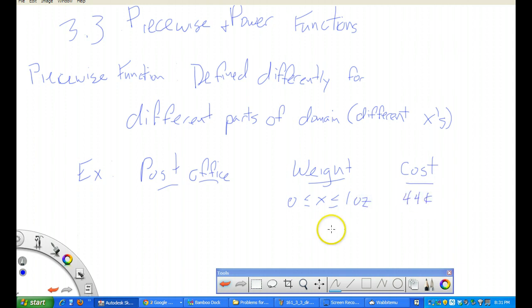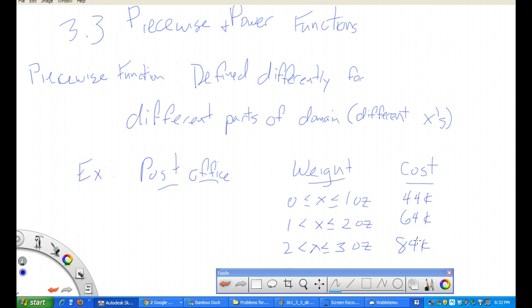It's been a while since I've been to the post office. Maybe it's gone up, I don't know. But if it weighs more than an ounce, but up to 2 ounces, then let's say it weighs 64 cents. Alright, and so on and so on and so on. 2 up to 3. It weighs 84 cents.